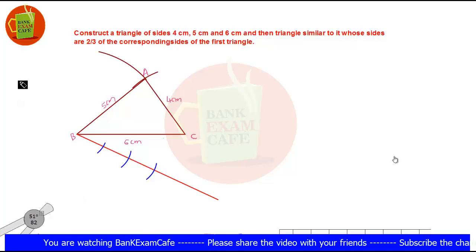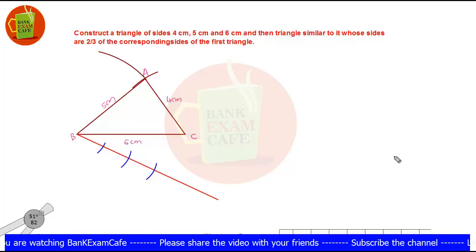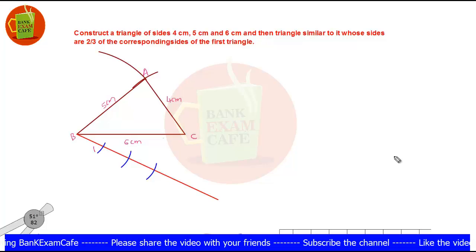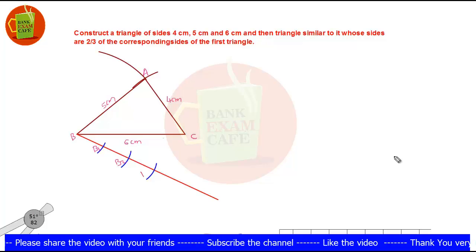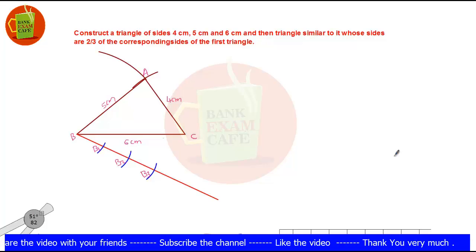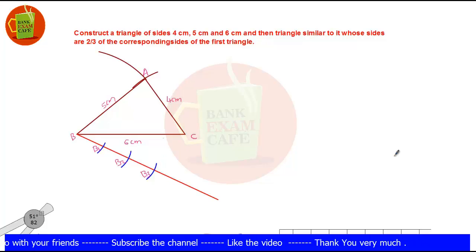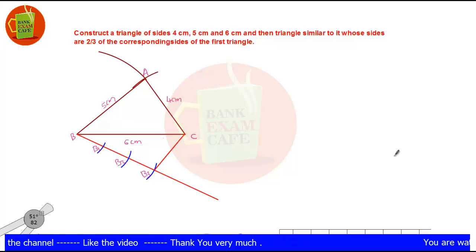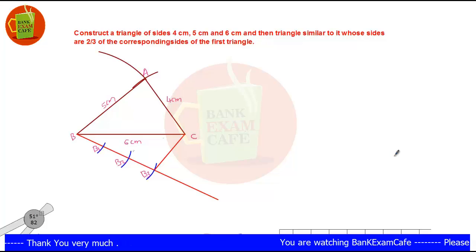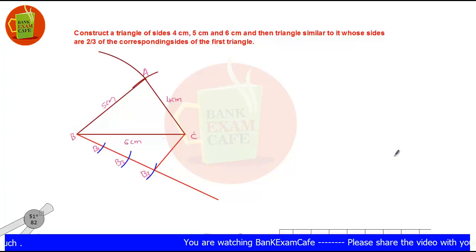Let this be points B1, this is B2 and this point is B3. Now join this B3C and from B2 draw a line segment parallel to B3C which intersects BC side at point C dash.